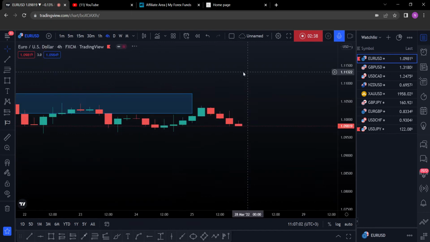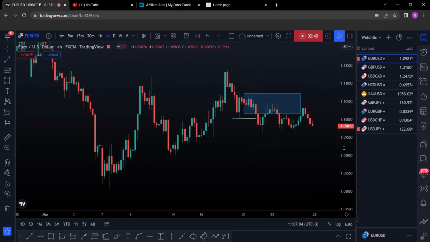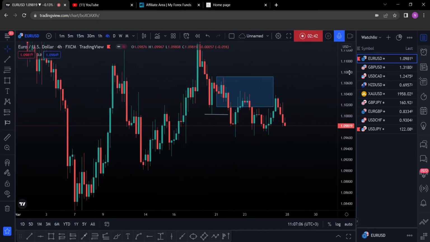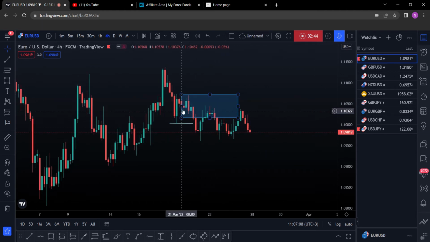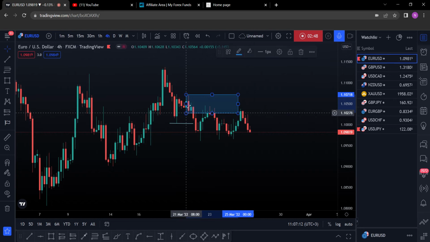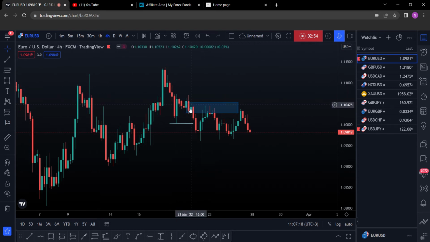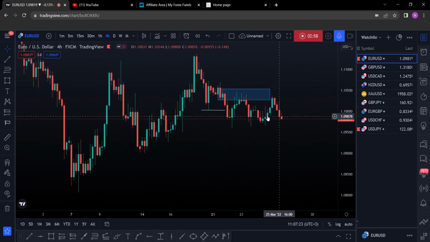So we go to the 4-hour and map out the zone that is responsible within the daily liquidity. We could see that we had this supply zone, fresh supply. So at this point, what we're waiting for is price to come into the zone.